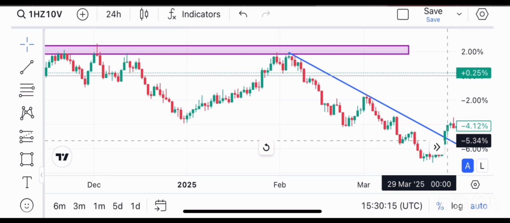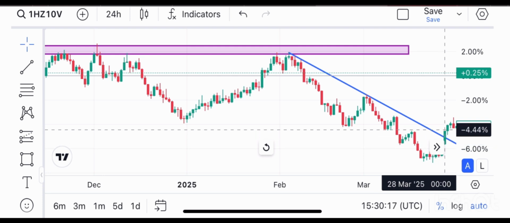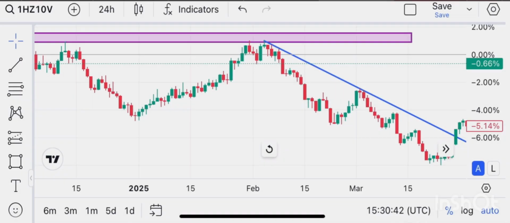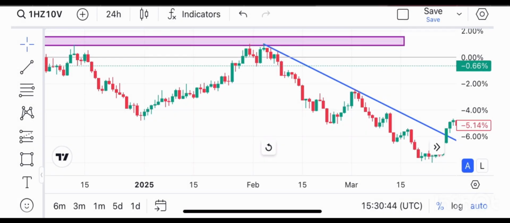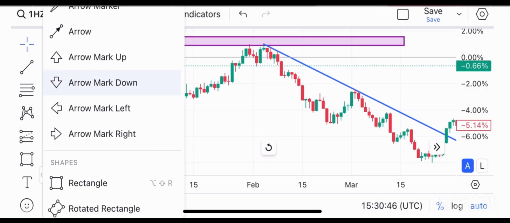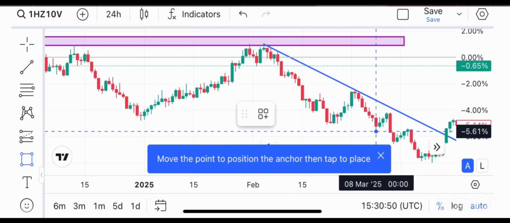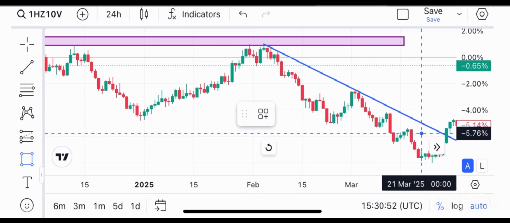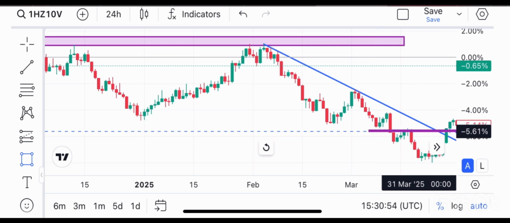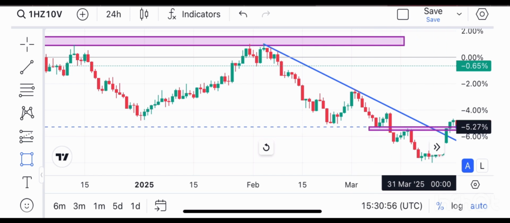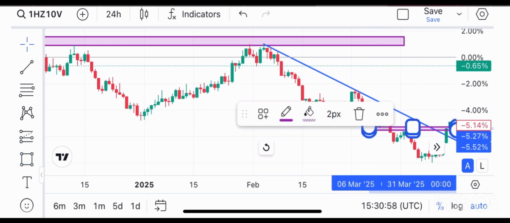So that is why it's important for price to break the trend line and also break this swing high. So I'm going to take up my zone tool again, and I'm going to just stretch it up on this, just to find the swing high that price must break.